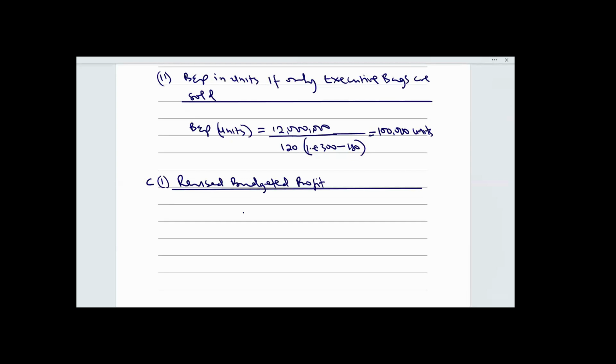So we have common, executive, then the total for the company as a whole. 20,000 is for executive, 180,000 is for common. That's how we share the 200,000 units.